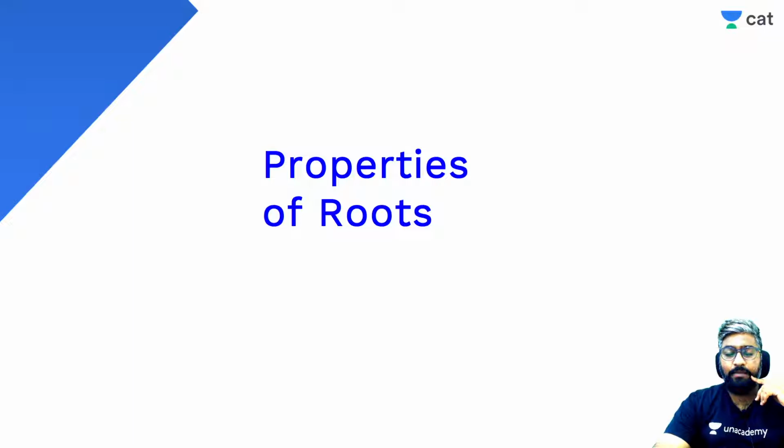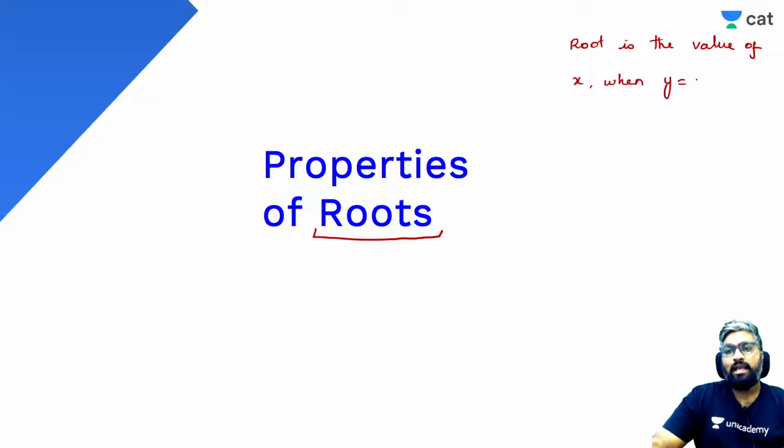Let's talk about properties of roots. What do you mean by roots? What do we mean by roots, guys? Root is the value of x when the y is 0. For example, if I have 5x plus 10, this is y.